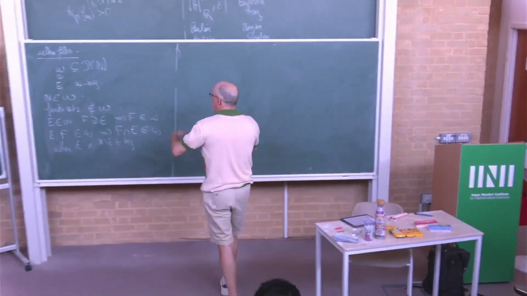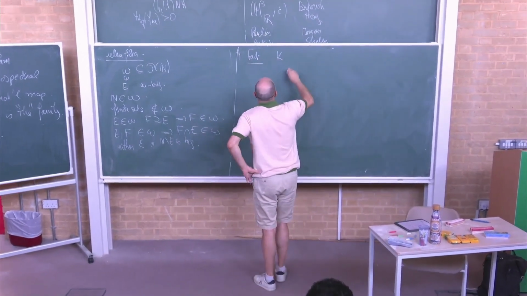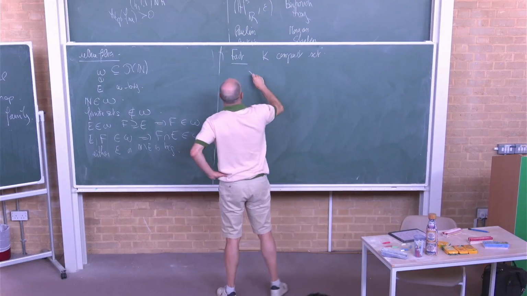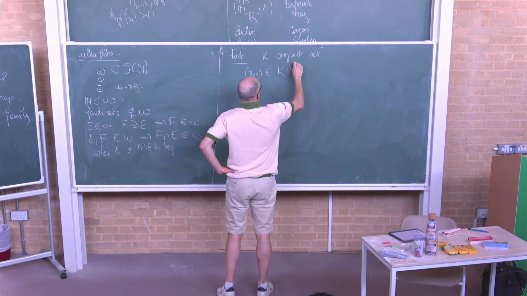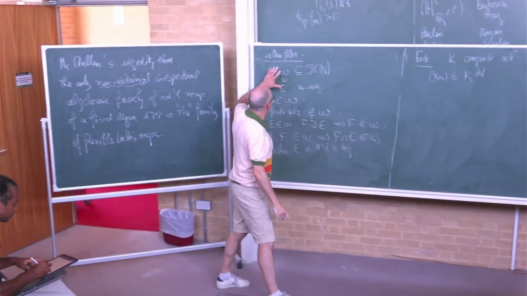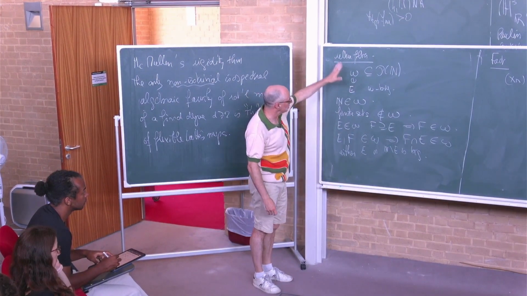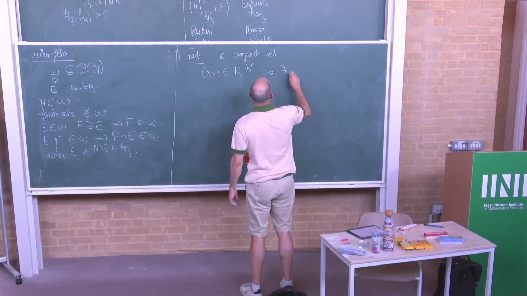Anyway, why this is super useful is that if you take any compact set K and any sequence in this compact set, then, I choose once and for all one non-principal ultrafilter, satisfying this, then there exists an omega-limit.